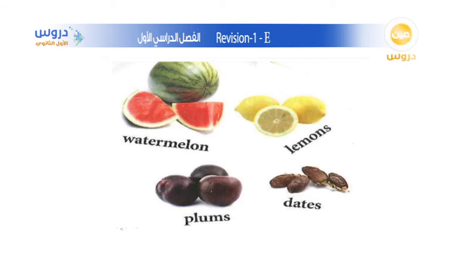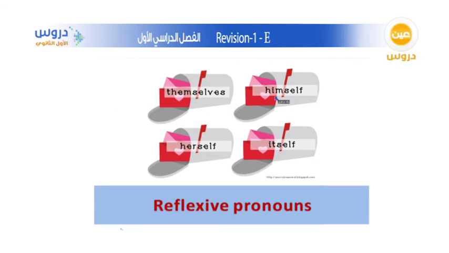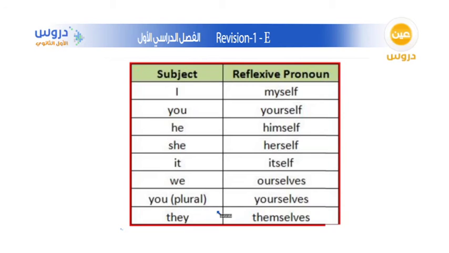That's great. What do we have next? We have reflexive pronouns. You have seen this. I can choose. I like lemons, date, and watermelon. That's great. All right, Miss Dahlia, we've got here the reflexive pronouns. We have the subject I, you, he, she, it, we, you, plural they.